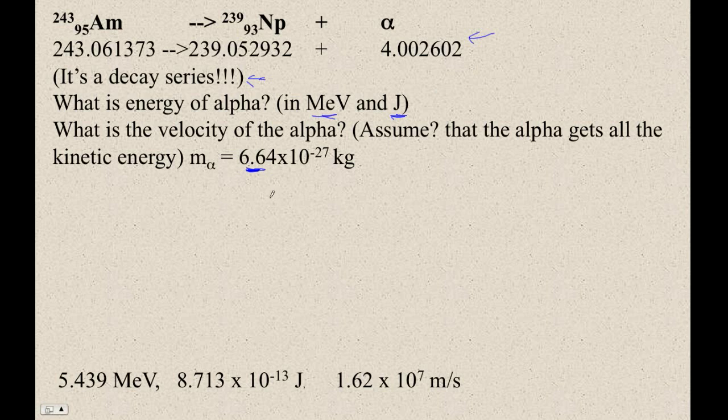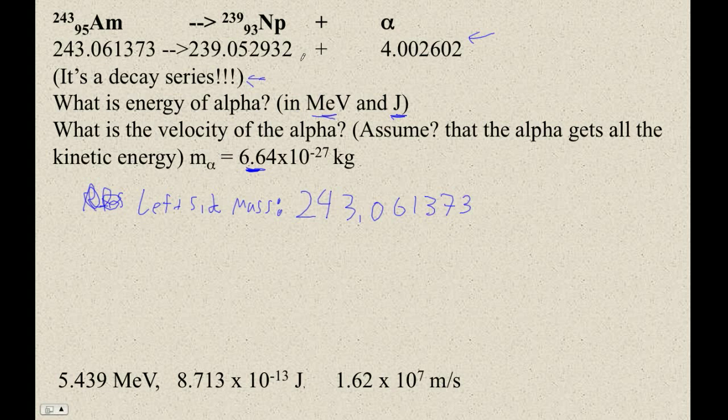So we're going to do the same thing. We're going to go right side mass, or I'm sorry, left side mass, right? The left side mass is 243.061373, right? And then the right side mass, I'm going to add those guys up. So 239.052932 plus 4.002602.